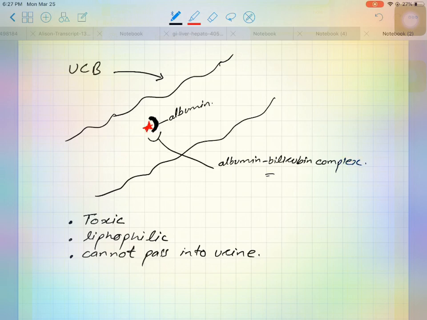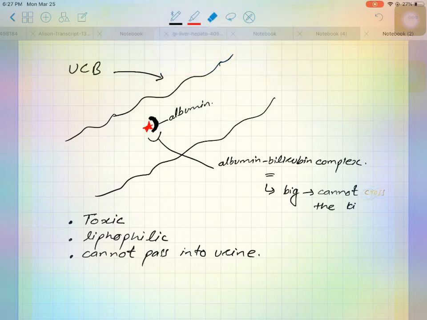This complex is so big that it cannot cross the glomerular filtration. It cannot pass into the kidney.